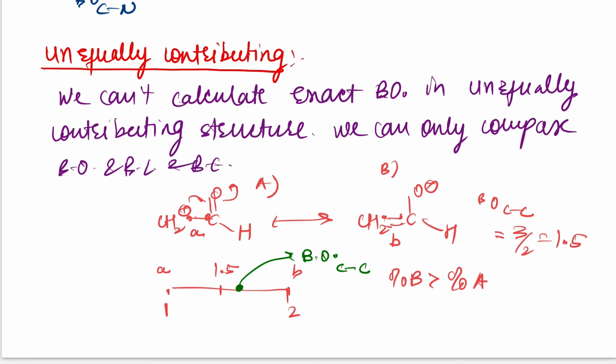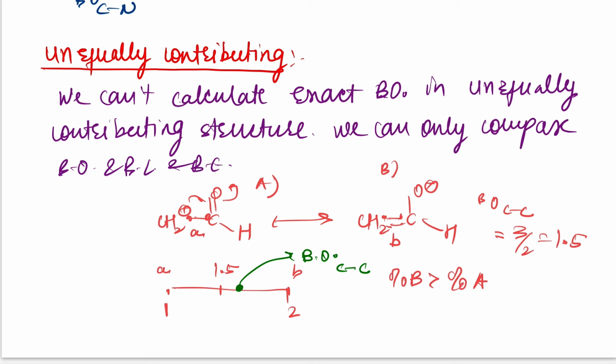Let me explain again. First of all, we have to draw all the possible resonating structures. Then we treat it the same as equally contributing. When we do that, we get the approximate bond order, but it is not exactly equal to that.